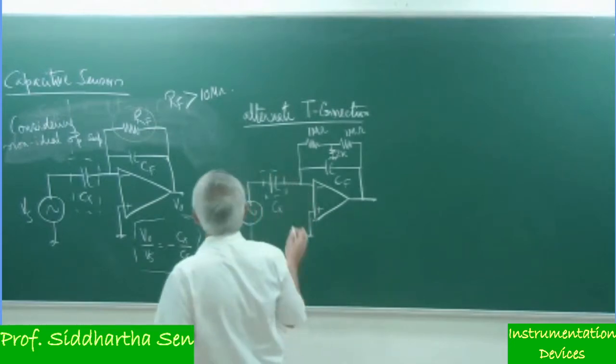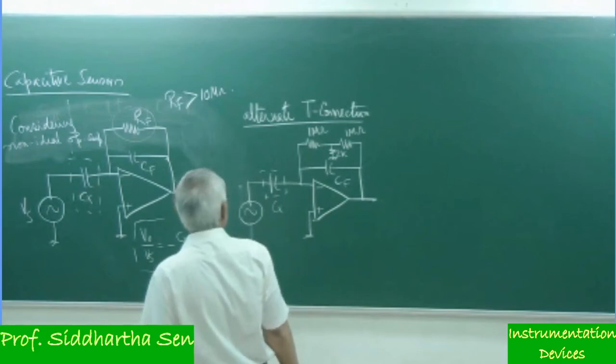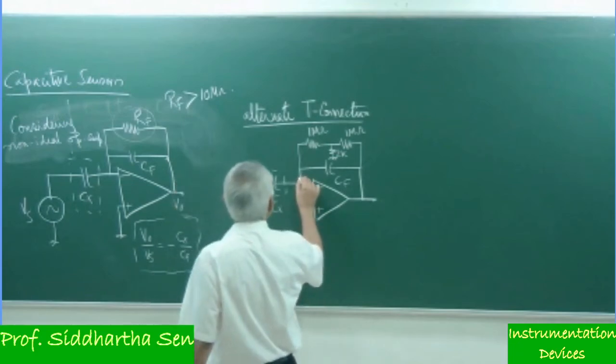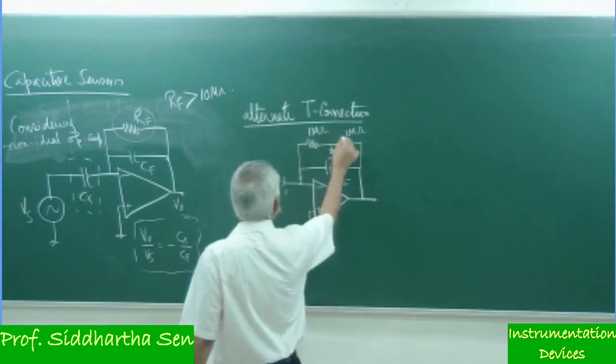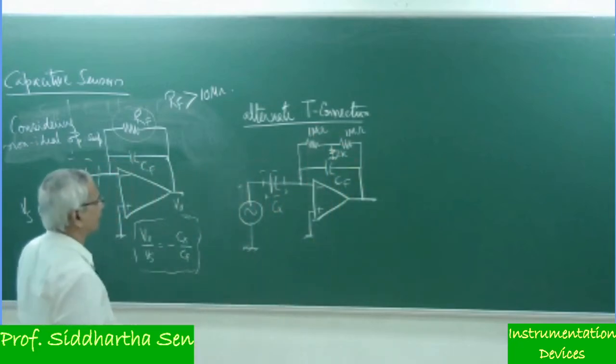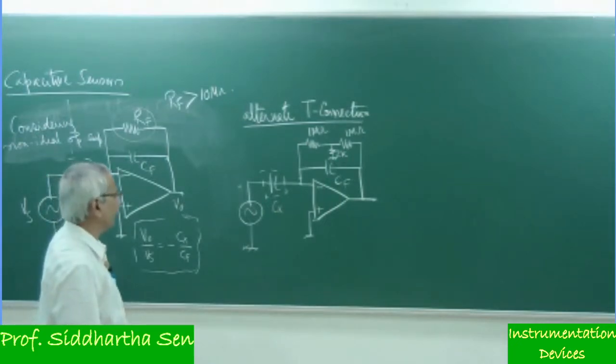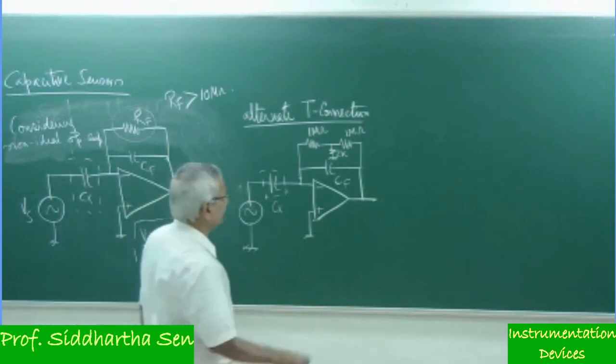We can serve the purpose, because basically between this point and this point in this path we get a resistance which is much more than 1 mega ohm by using this configuration.